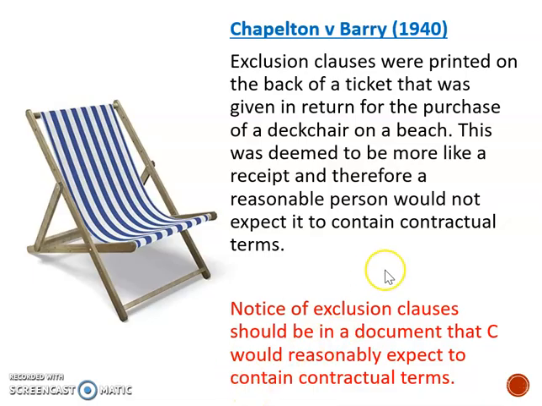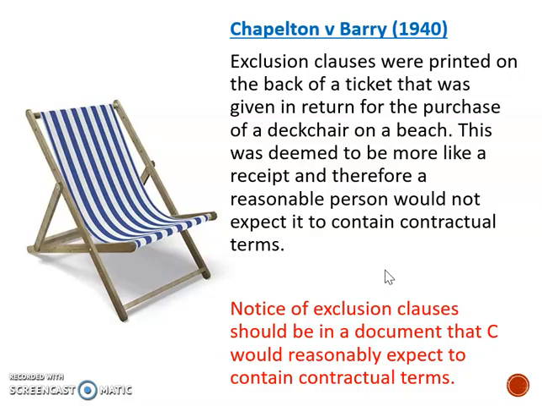And the court was saying, if this is just seen as a receipt, it's not seen as important, the person isn't going to be looking at it, so it's not fair for that clause to be incorporated. That's different from Parker, where there was a clause on the back of a ticket, because in Parker, the ticket was not seen as being like a receipt. The ticket was seen as being quite an important document because you needed that ticket to claim your property back.